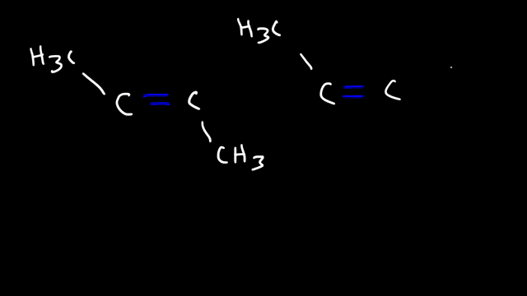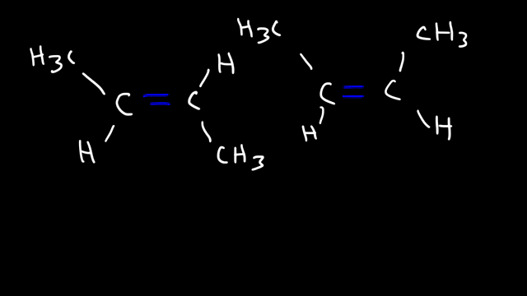Now let's talk about cis and trans 2-butene. The reason why they're not constitutional isomers is because they're connected the same way. However, the groups are arranged in space differently.